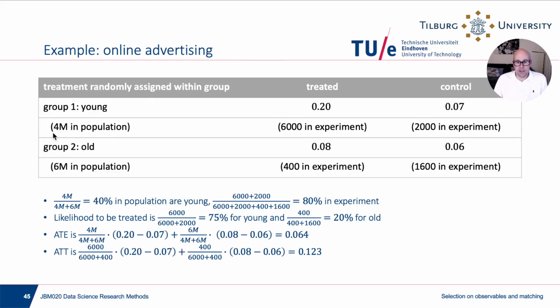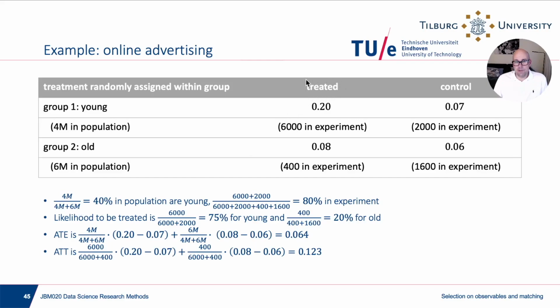And what I've put here is how many of these people there are in the population. So it would be 4 million young people and 6 million old people in the population. And that's already this number here. 40% in the population are young. 4 million divided by 4 million plus 6 million.